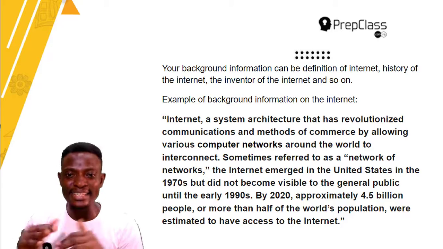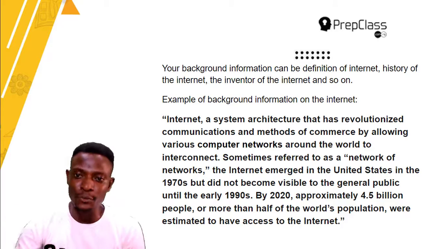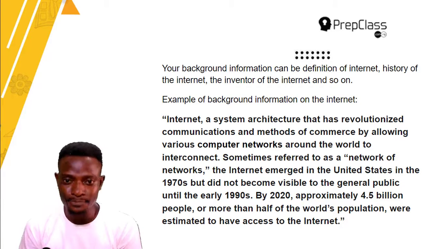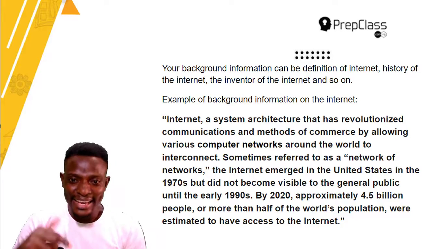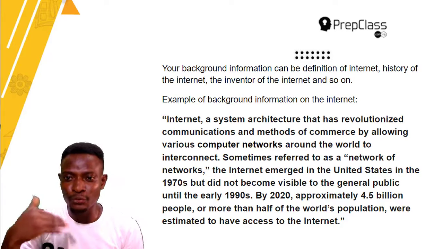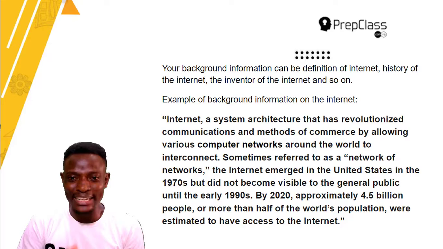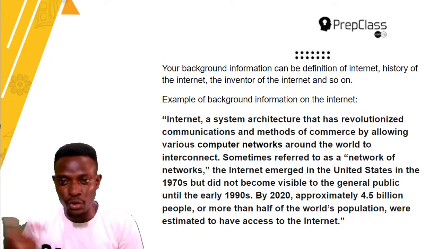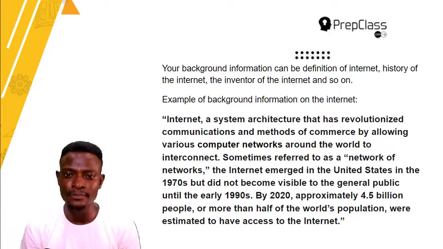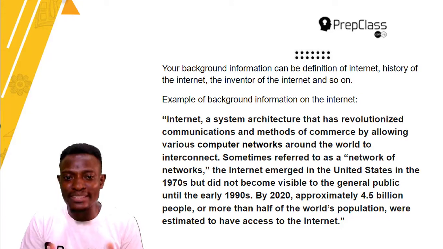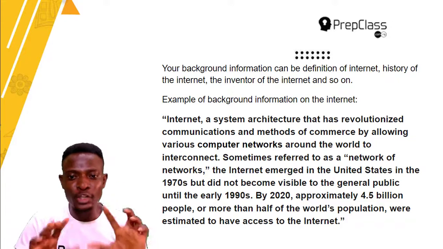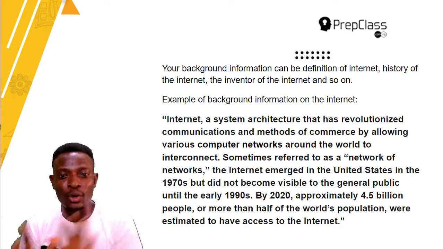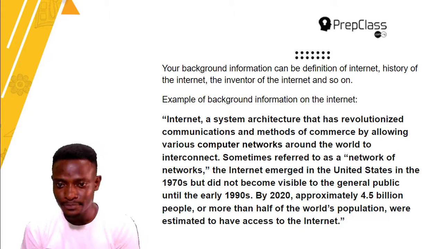Now, this is an example of background information on the internet. Internet, a system architecture that has revolutionized communications and methods of commerce by allowing various computer networks around the world to interconnect. Sometimes referred to as a network of networks, the internet emerged in the United States in the 1970s but did not become visible to the general public until the early 1990s.